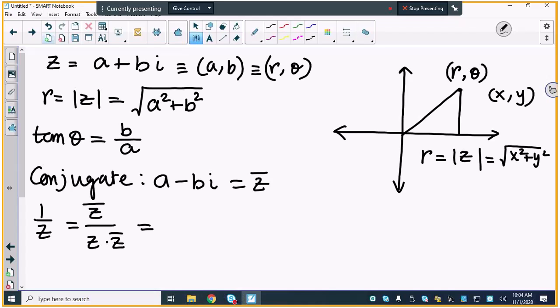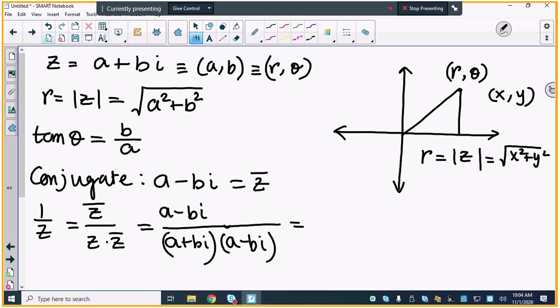Say the complex number z is a plus bi, so on top you have a minus bi, and on the bottom you have z, so a plus bi, multiplied by the conjugate, a minus bi. I'm going to work it out a little bit. On the top I still have a minus bi, and on the bottom, if I FOIL, I get a squared minus abi plus abi, and I get minus b squared i squared.